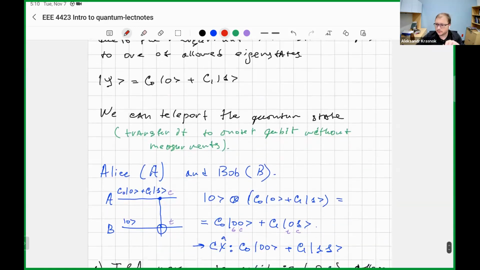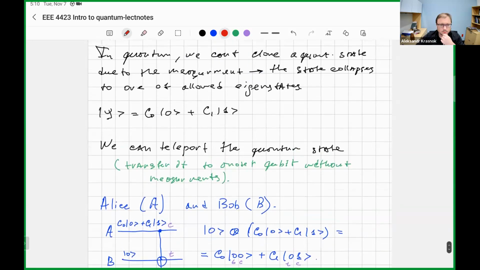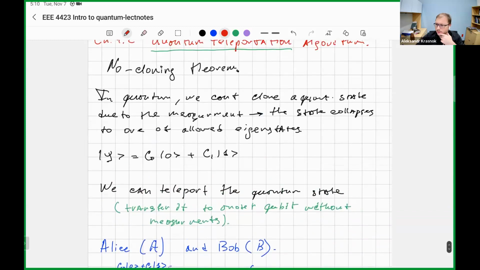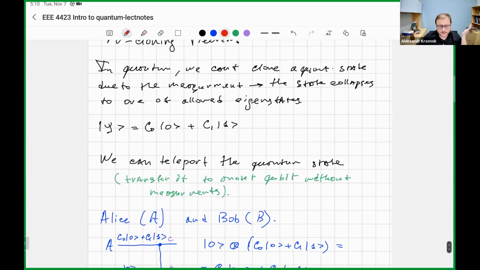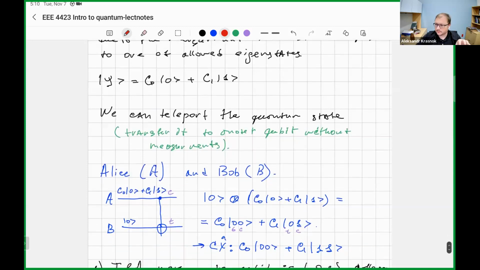It's not a transfer of matter or a transfer of information. This is the transfer of the quantum state from one qubit to another qubit. This is important because in quantum mechanics we have the no-cloning theorem, which implies that we cannot clone a quantum state the way we clone or save, or reproduce, the state of a classical system.